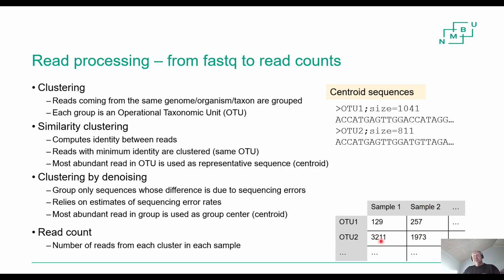And the second group, 3,211 reads in sample 1, 1,973 in sample 2, and so on. So this is straightforward, right? A read count table. How often do you see the OTUs in each sample?